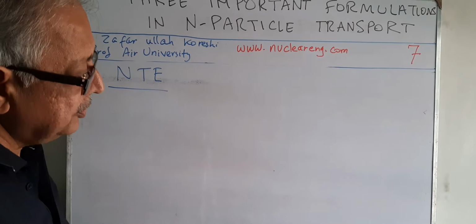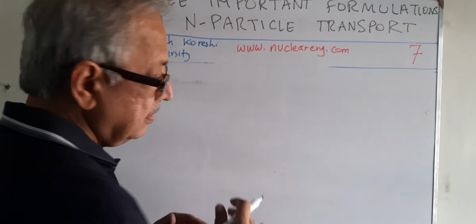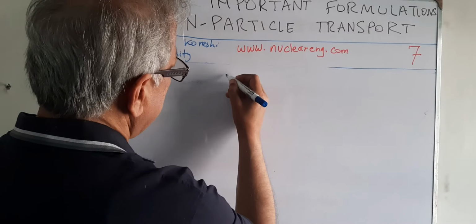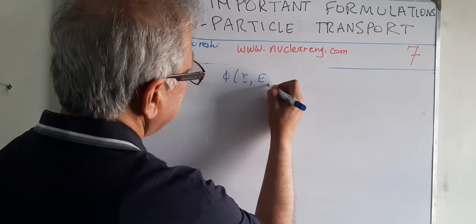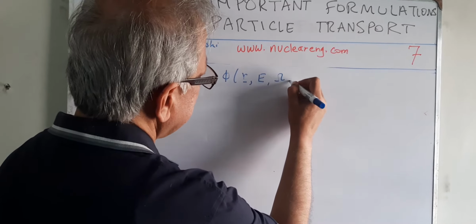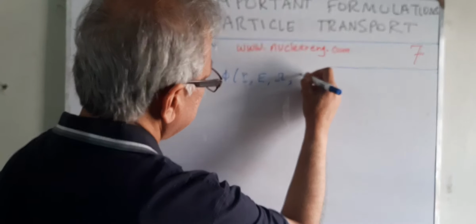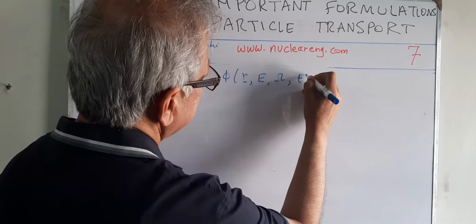Now, the neutron transport equation is a step higher because now we're going to talk about the flux in a number of variables, and let me introduce these variables for you.